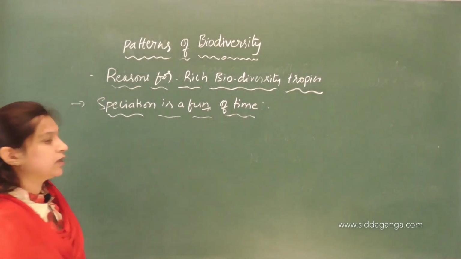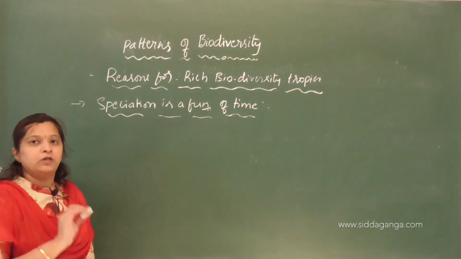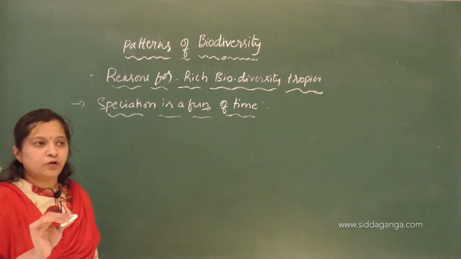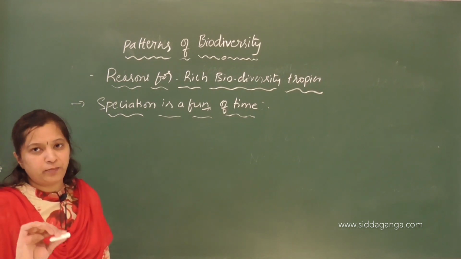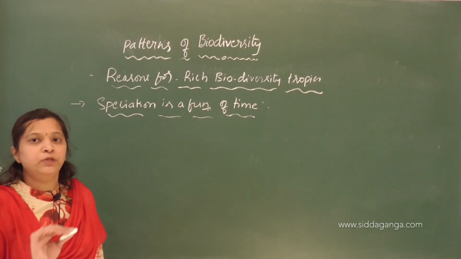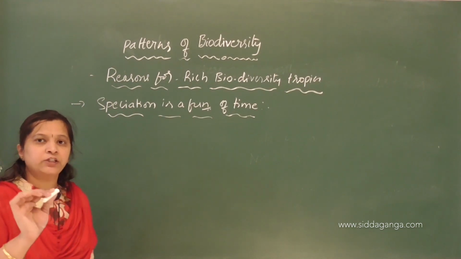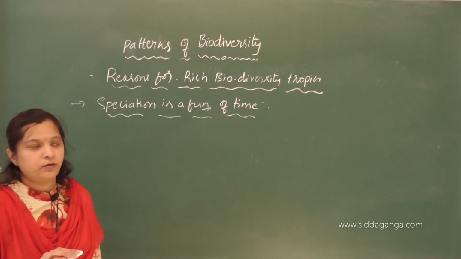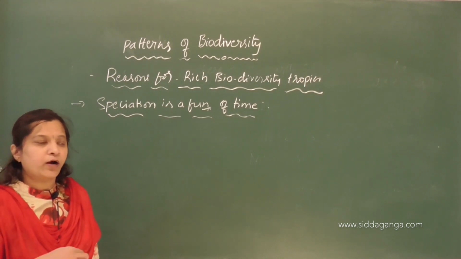Speciation means the formation of new species. It will not happen immediately, but will take many years, millions of years. So for the formation of new species, it takes millions of years. So in the temperate areas, what happens?